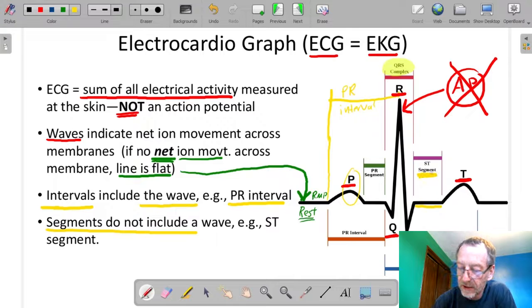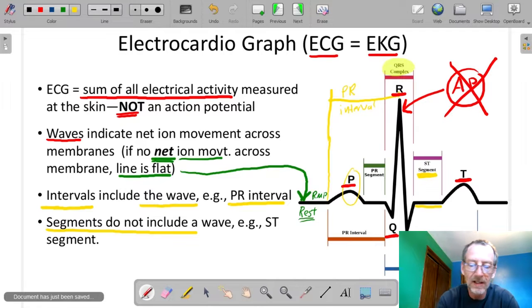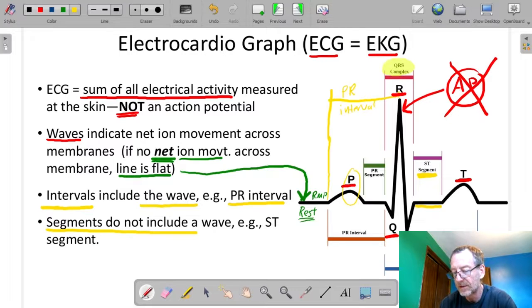So intervals include the waves, and segments do not. So for example, here is the QT interval, and that includes the QRS complex and the T, and it's a period of time that we'll look at in the next figure. So that's the basic picture of the pieces of an EKG that you need to know.